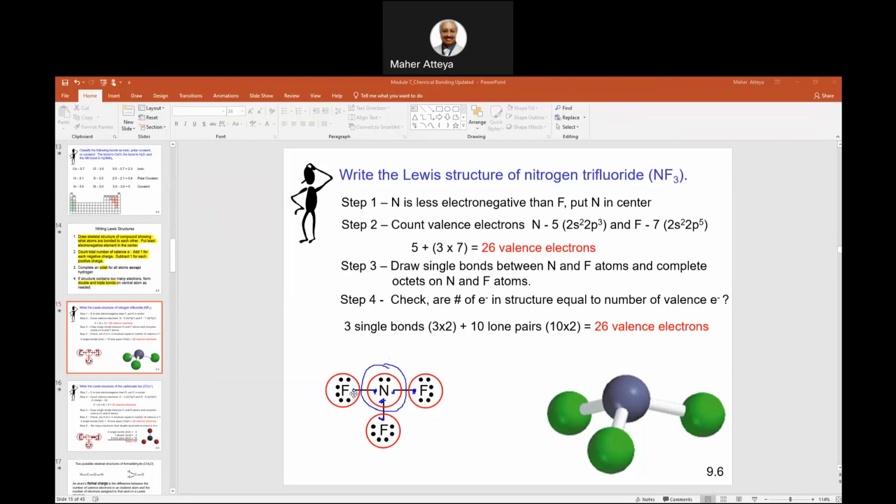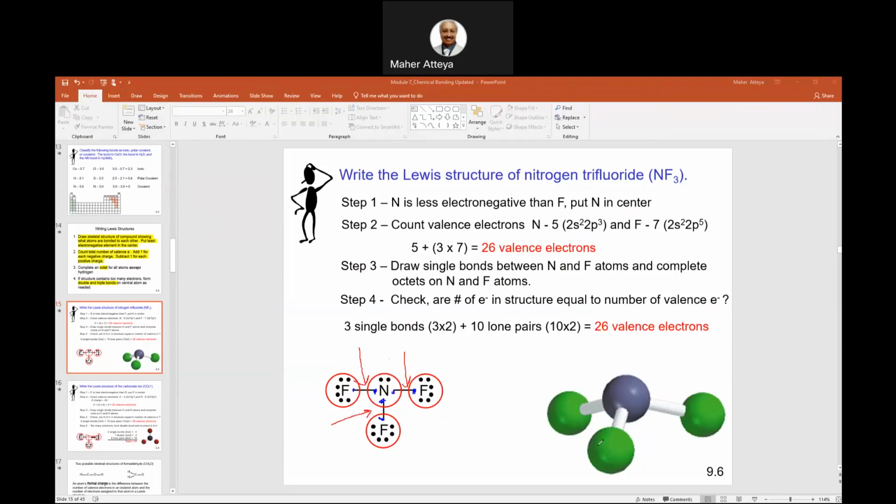All those are 7. So I start making a single bond between nitrogen and fluorine. This is a single bond here. This is another single bond. This is another single bond.